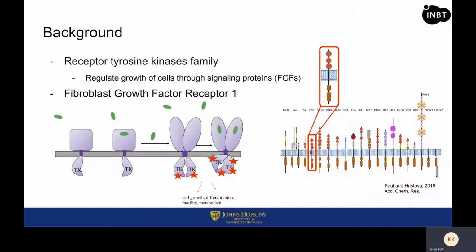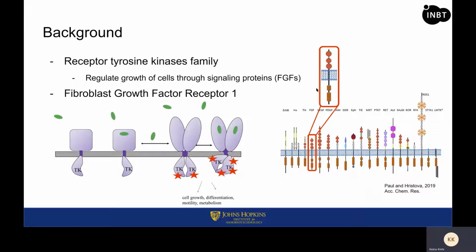There are a handful of FGF receptors which have similar mechanisms and structure, but we'll just focus on one, FGFR1. FGF receptors regulate cell growth, differentiation, proliferation by transducing signals from the extracellular matrix by signaling proteins known as fibroblast growth factors, FGFs for short.